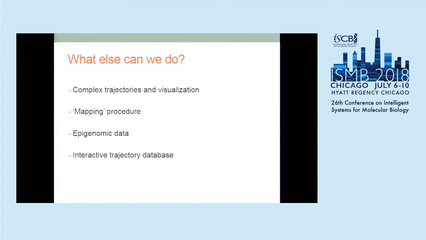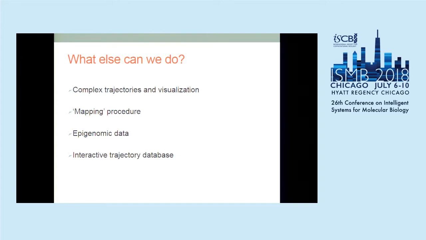Currently, methods that are able to recover complex trajectories and intuitively visualize them are still lacking. And also we would appreciate methods with a mapping procedure, in which we don't have to pool all of the data together and recompute everything, because that would be very computationally expensive.